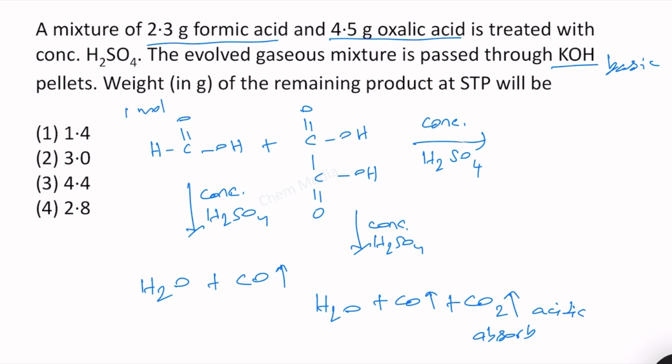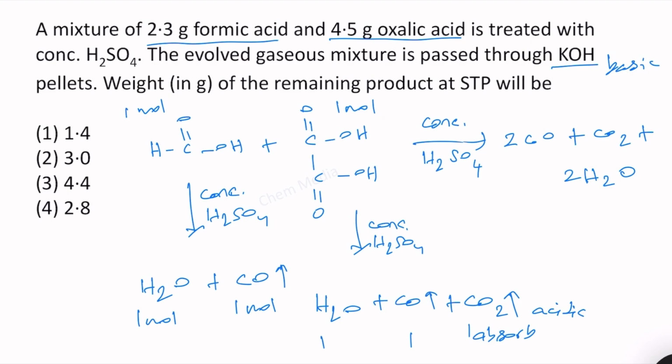1 mole of formic acid gives 1 mole of CO and 1 mole of water. Here also 1 mole of oxalic acid gives 1 mole of water, 1 mole of carbon monoxide and 1 mole of CO2, and therefore the balanced reaction that we can write here is 2 times carbon monoxide, 1 times CO2 plus 2 times H2O.